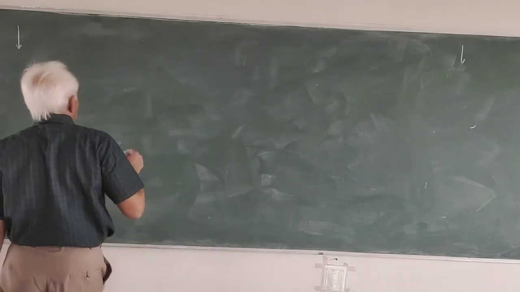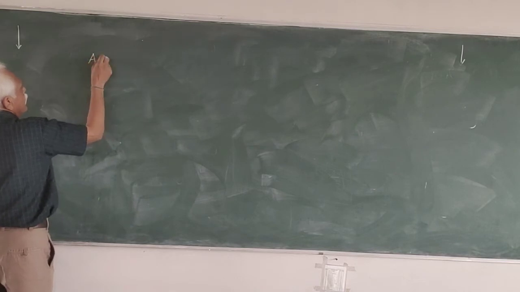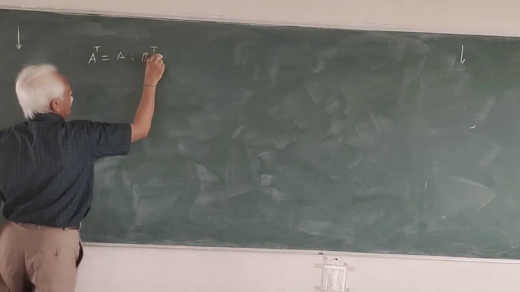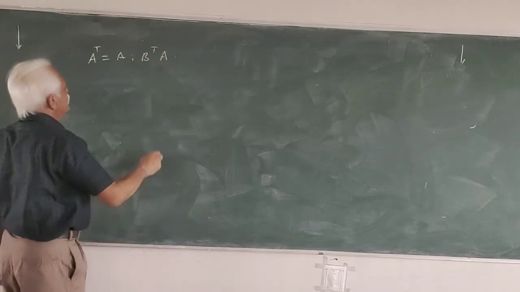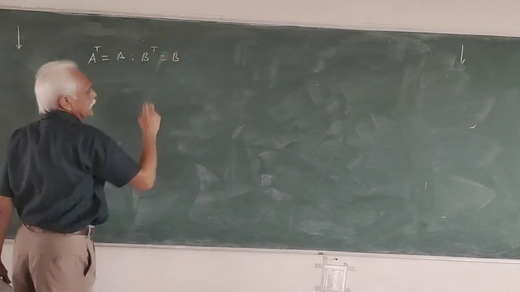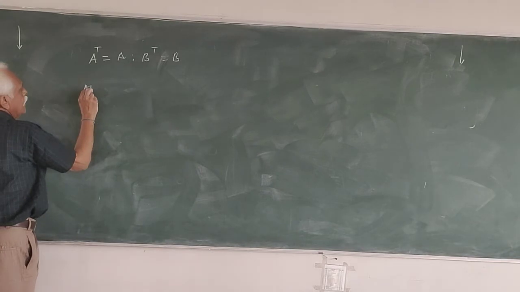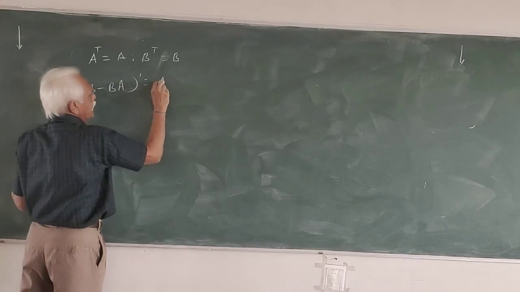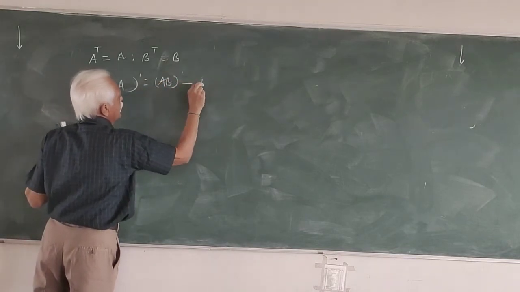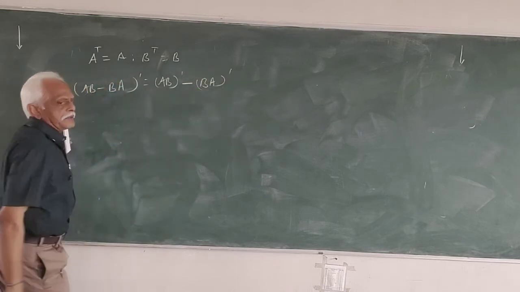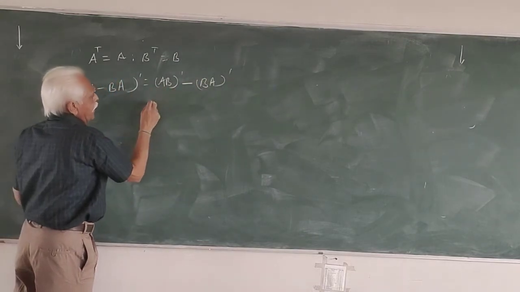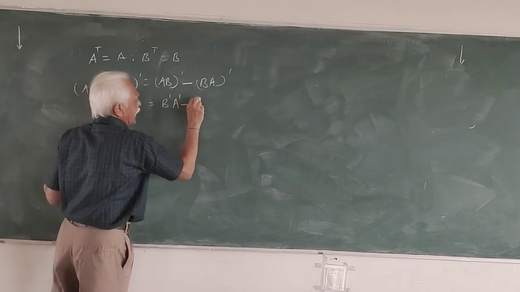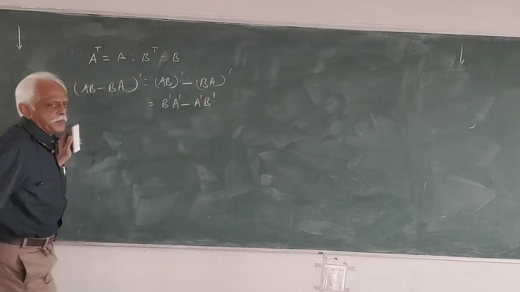A and B are symmetric matrices means A transpose is equal to A, B transpose is equal to B. Now, AB minus BA whole transpose is nothing but AB whole transpose minus BA whole transpose. Now, AB whole transpose is nothing but B transpose into A transpose minus A transpose into B transpose.